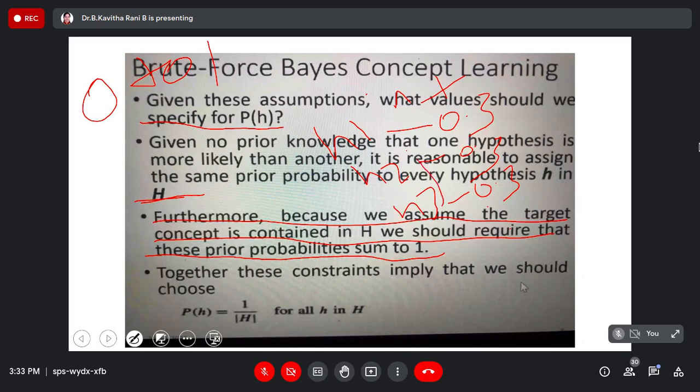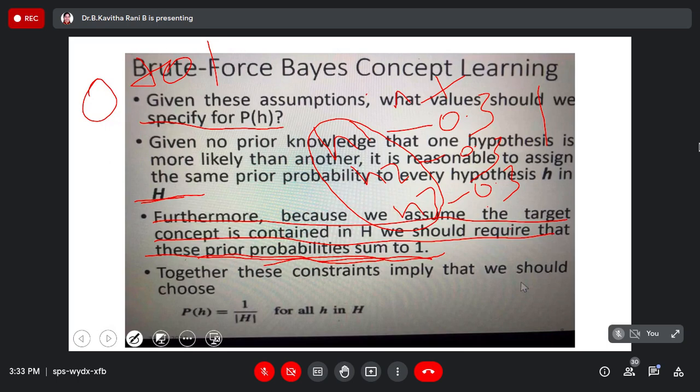If you add all these, it is somewhat near 1. The same thing I am saying: prior probabilities sum to 1. Whatever hypotheses you get, that should be summed and it should be 1.